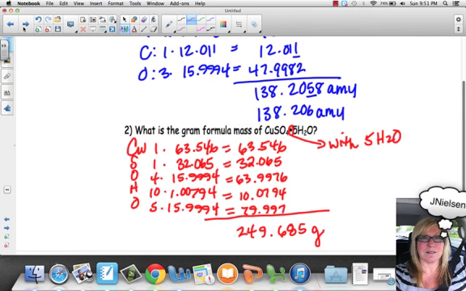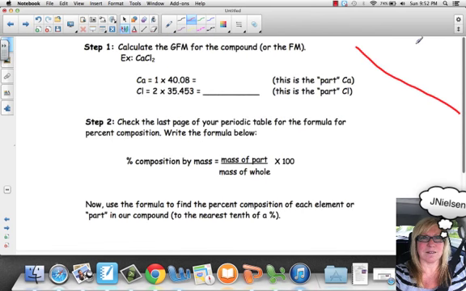Okay, moving on. This is calculating percent composition. First thing you want to do is calculate the GFM for the compound. So here we have 1, so 40.08, and 2 times 35.453.